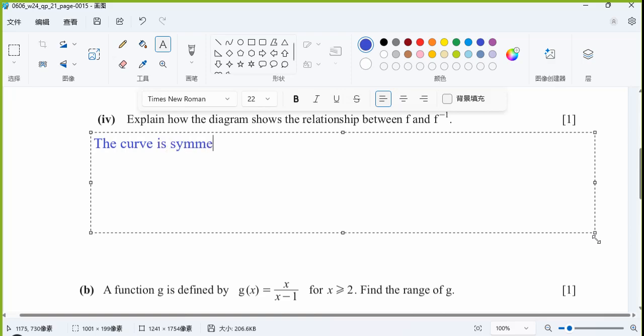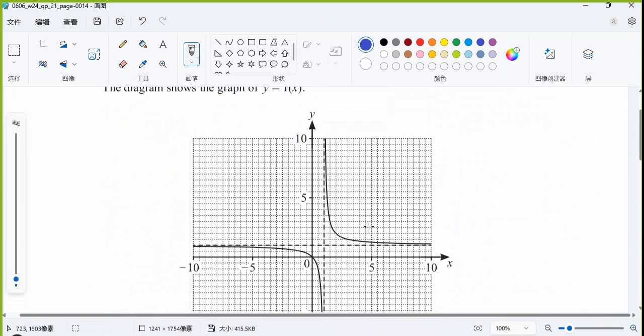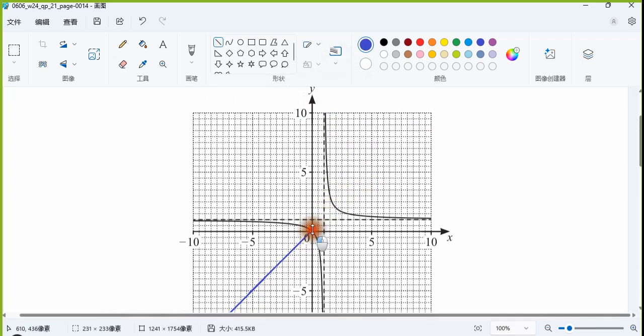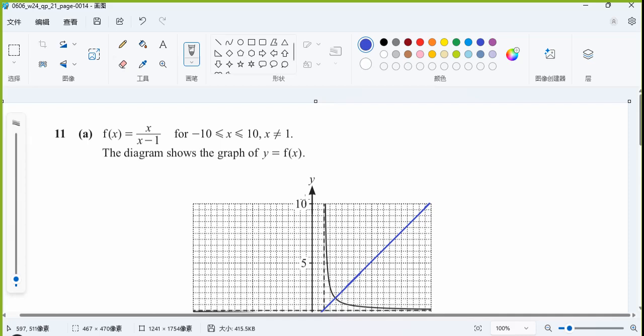So we have this one, y equal to x, passing through negative 10, negative 10 and 10, 10. So it is reflected, symmetrical about the line y equal to x.